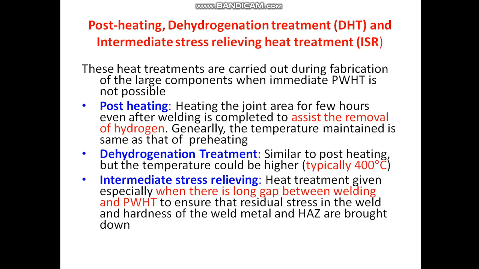Generally the temperature maintained is the same as the preheating. Dehydrogenation treatment is similar to post heating, but the temperature could be higher, typically 400 degrees Celsius. It has a similar purpose, removal of hydrogen.